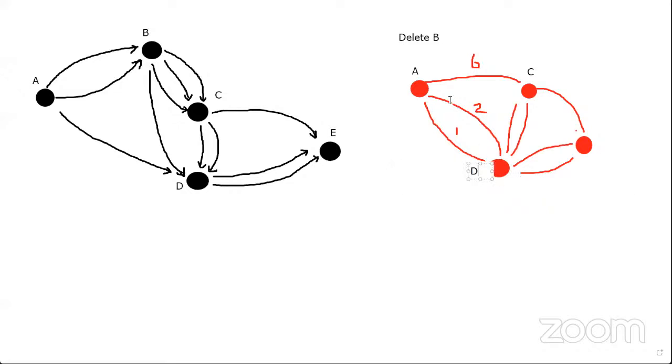Now we are going to delete D. Or better, note D. We have to delete C first, because there are some roads from here to D. So we have to delete C first.